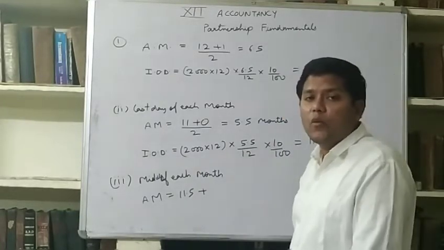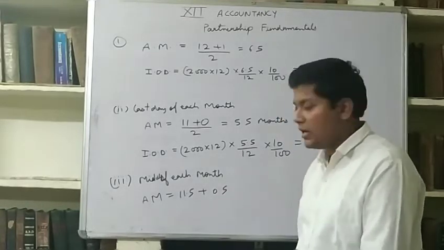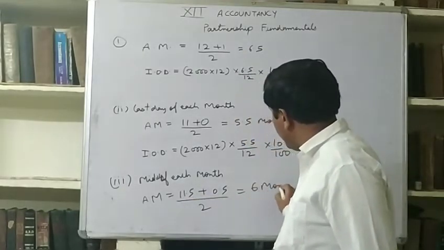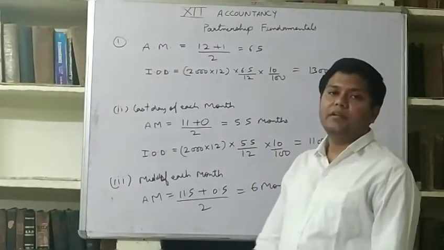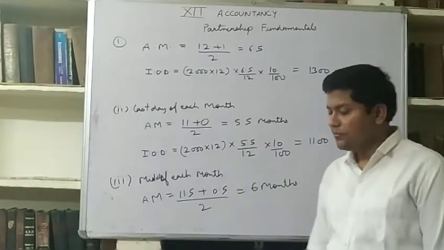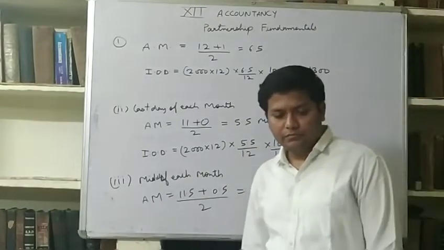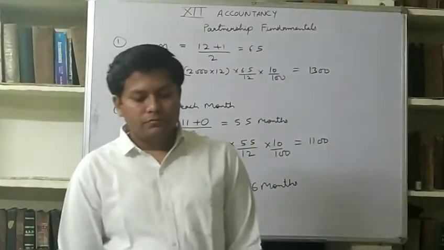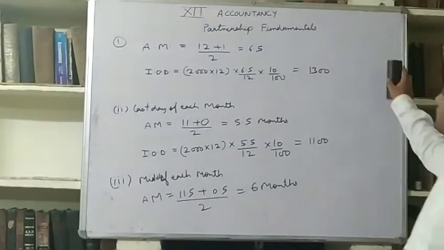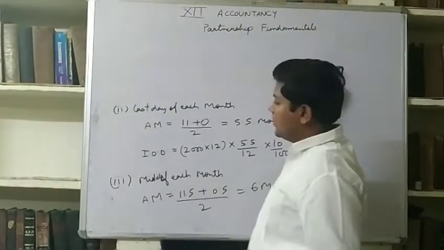Then how many months will be remaining? Half month, 0.5 upon 2. 6 months interest will be provided. Note it down. Calculation will be same for interest and drawings. On this place, 6 will be placed. So, moving on further. Fourth point.